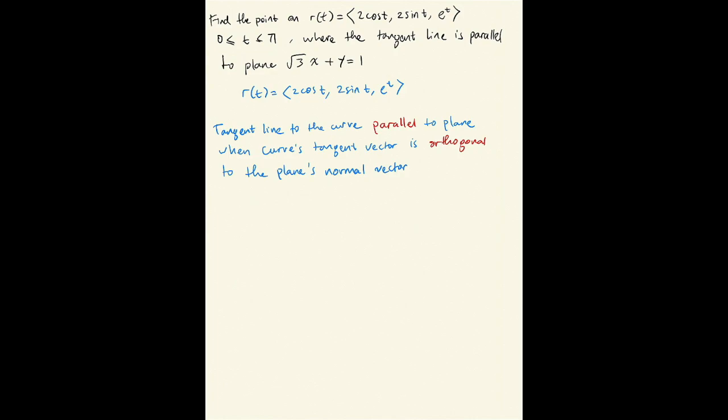Basically, you can visualize any curve, and then you have a tangent line. You have a plane. You have a normal vector. Then the normal vector will be orthogonal to the tangent line itself.